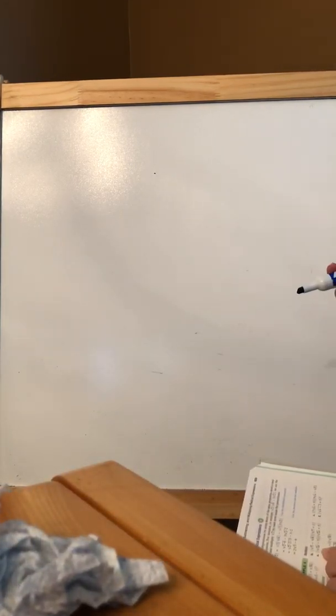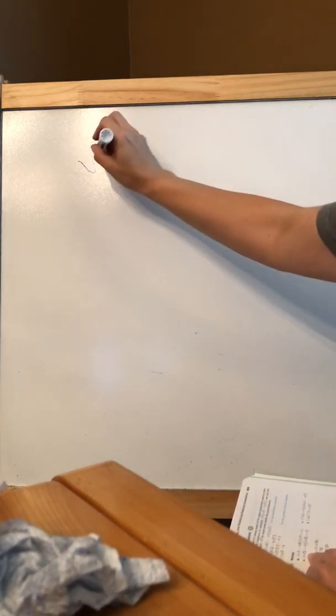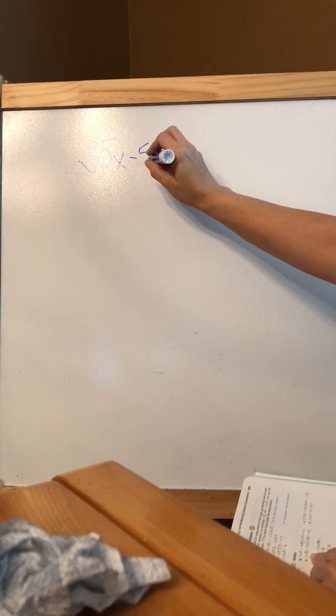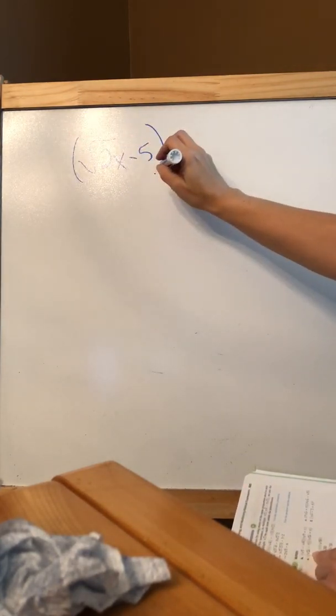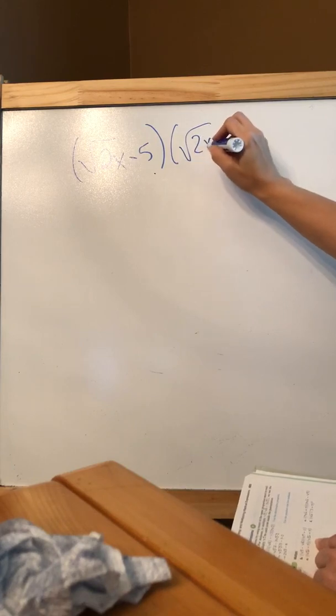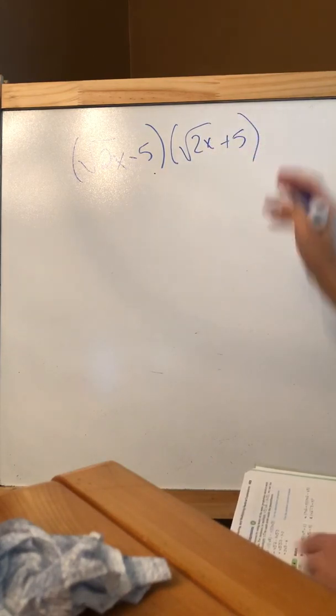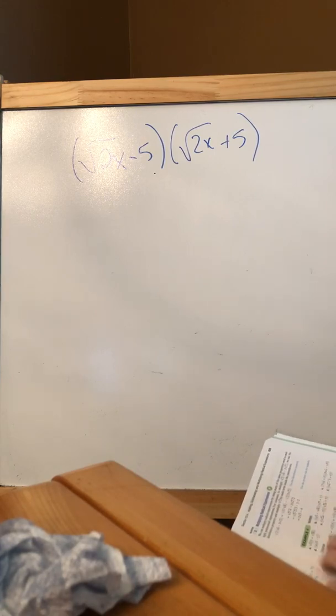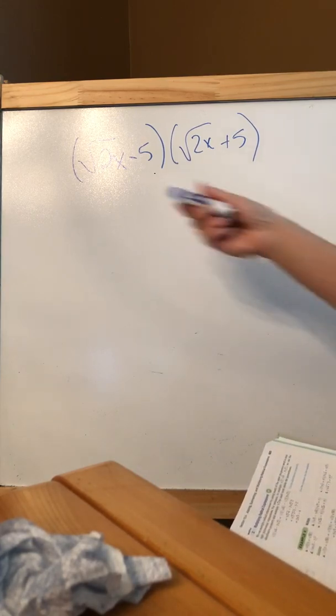Okay. All right, so for E, we have square root of 2x minus 5 times square root of 2x plus 5. Our standard FOIL problem. Okay, so let's FOIL.